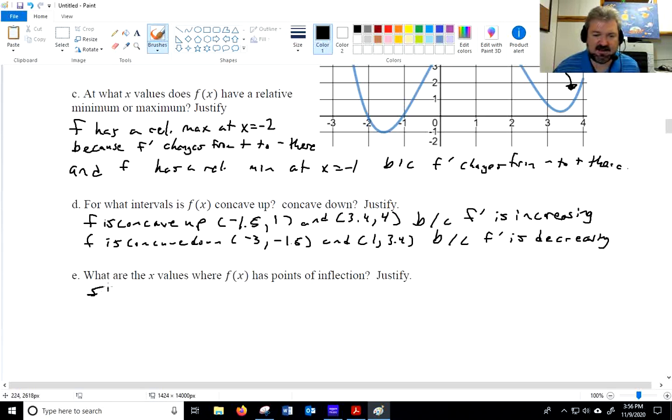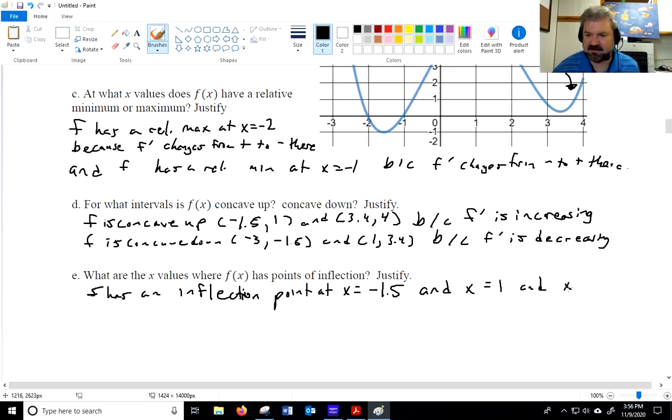So we'll just say that f has an inflection point at x equals -1.5 and x equals 1 and x equals 3.4 because f prime changes from increasing to decreasing or decreasing to increasing there.